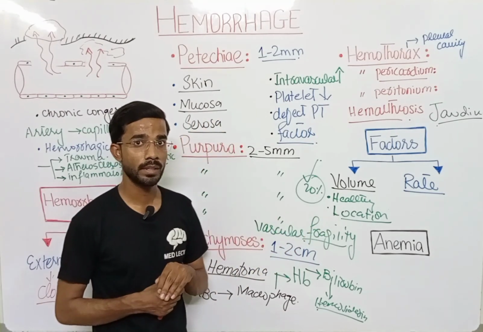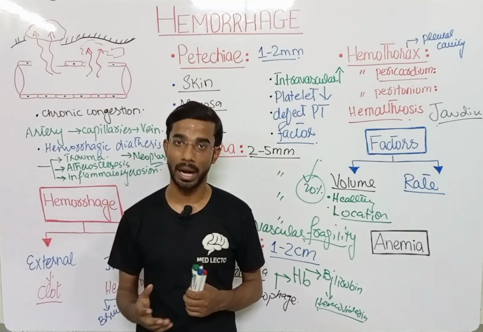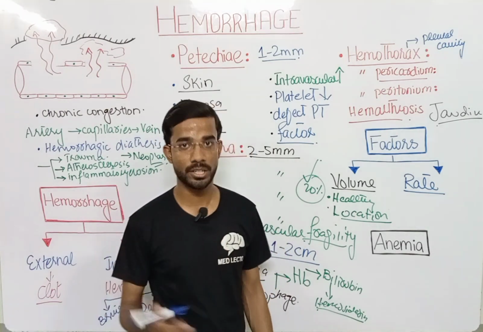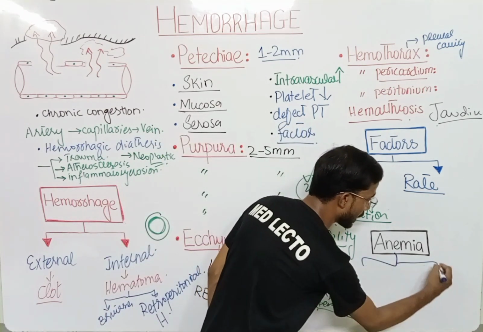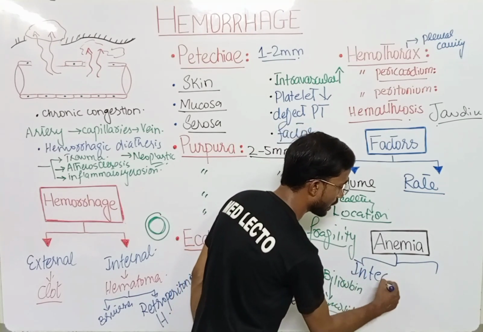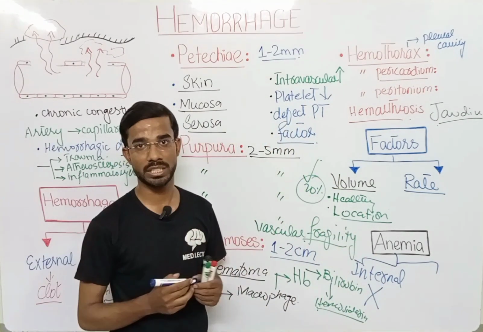Next, if you see like the anemia, when you will see the loss of the blood, as we know that the blood bleeding can be internal and external. So if you see here, when the bleeding is internal, then you will never see the iron deficiency anemia.